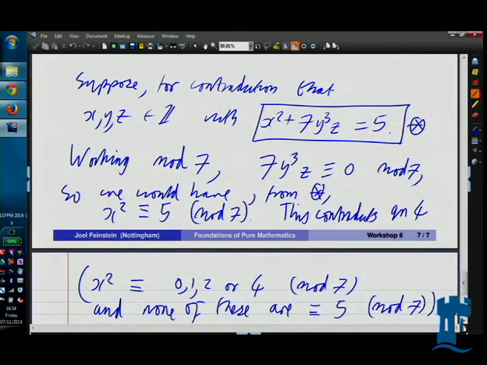So it's a rather quick way, in some relatively easy settings, to show that some equations can't be solved with integers. Sometimes there's some particular modulus, in this case 7, which makes it come out really quickly. Okay, I'll stop the recording there.